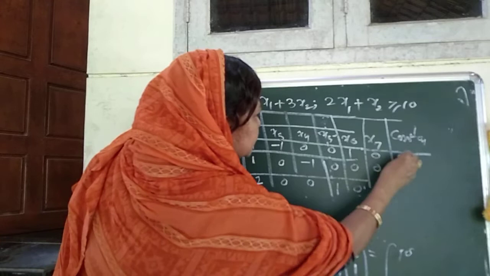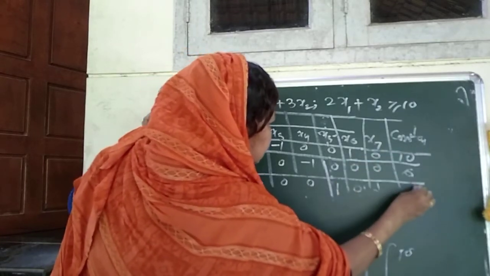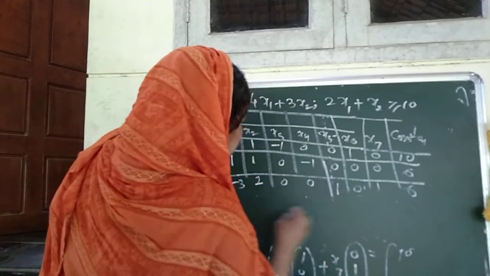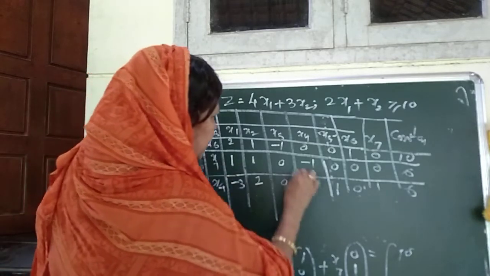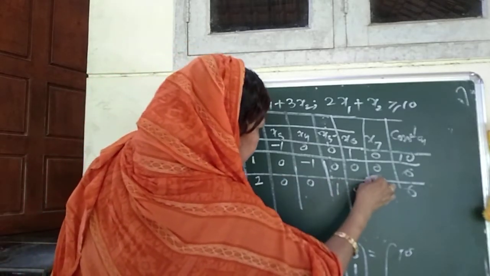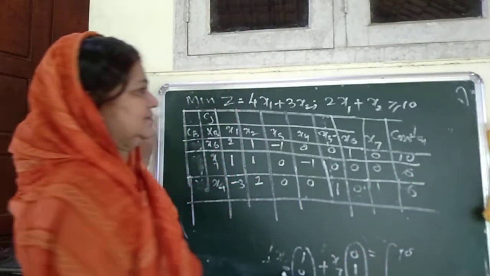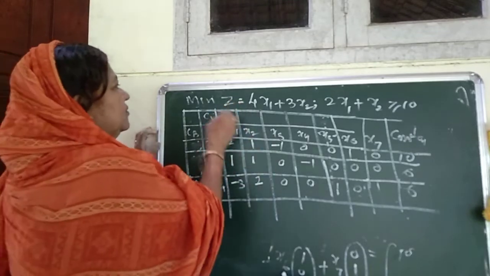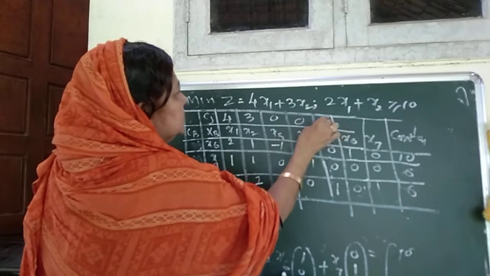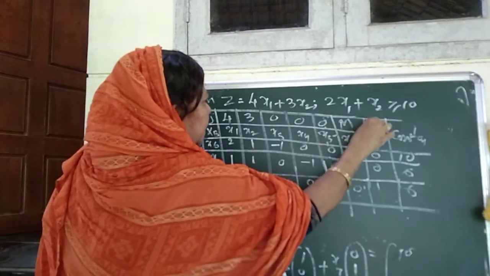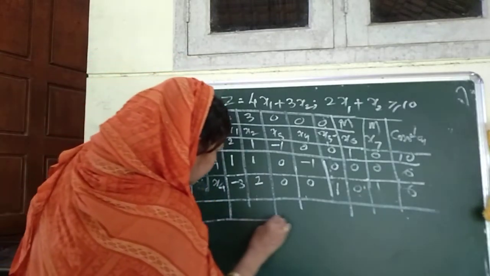The constants are 10, 6, 6. Then here the cost is 4, 3, 0, 0, 0, M, M. This is the first initial table we have.